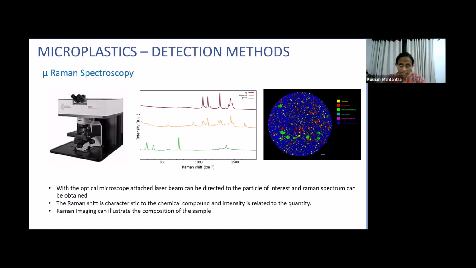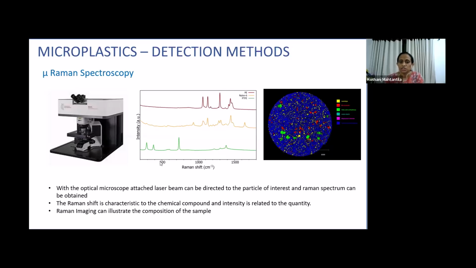If the same energy is reflected from the particle, then there is no Raman effect. But if the energy is different from the incident light radiation, the incident frequency or the incident energy, then it gives a different energy. It can be positive or negative. It is called Stokes effect or anti-Stokes effect.